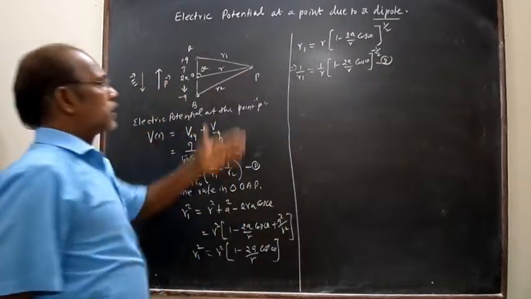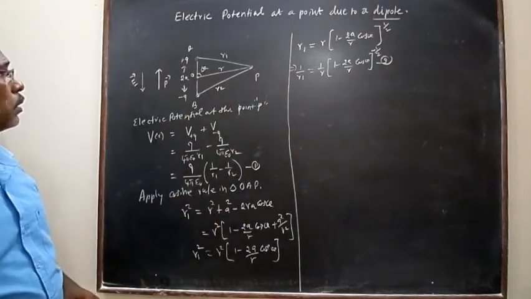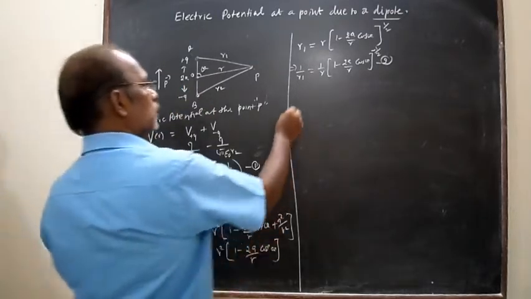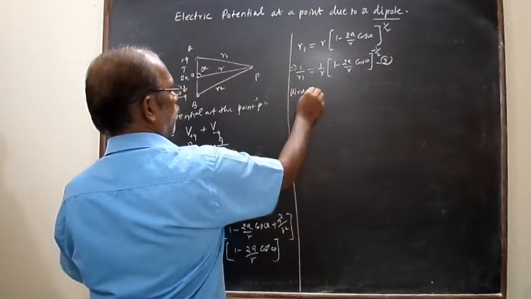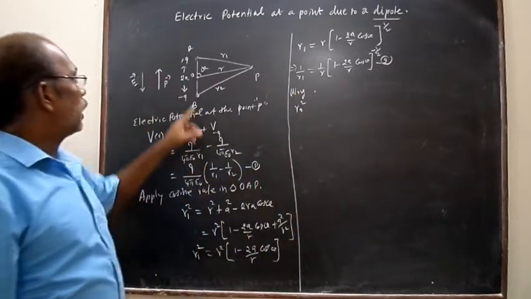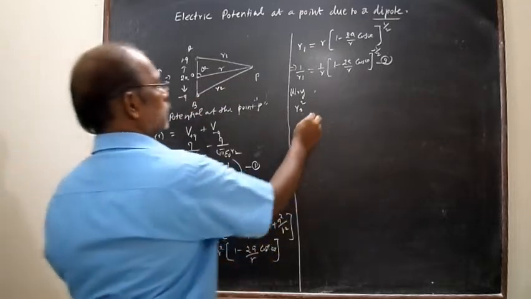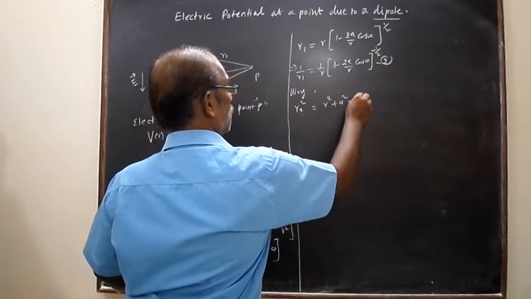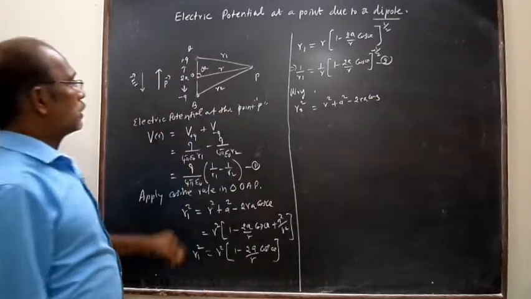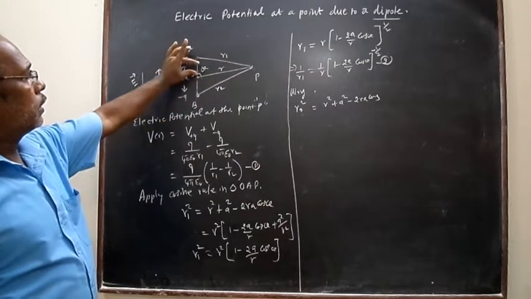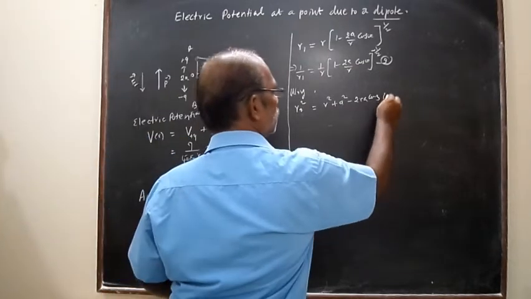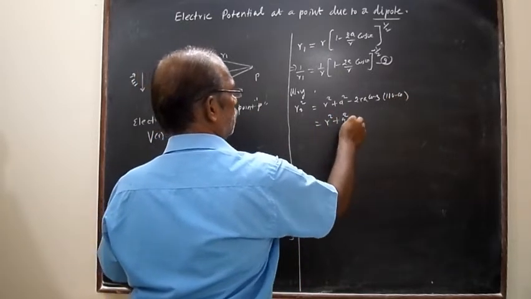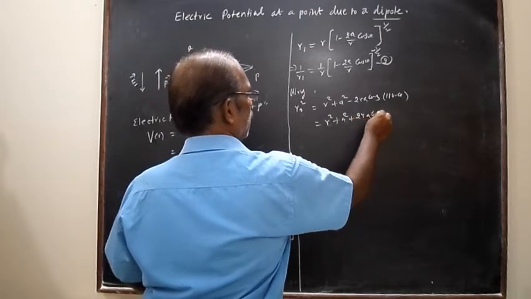We can have a similar result for R2 also, but for R2 the angle is different. Similarly, in triangle OBP, R2 square equals R square plus A square minus 2 R A cos of the actual angle. This is a linear pair, so the angle is 180 minus theta. Then R square plus A square plus 2 R A cos theta.